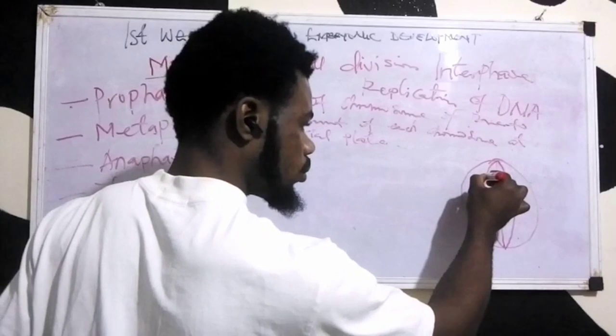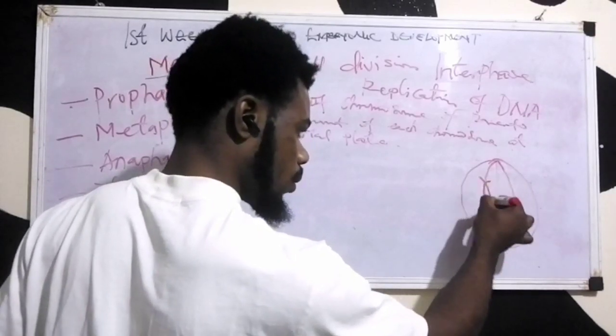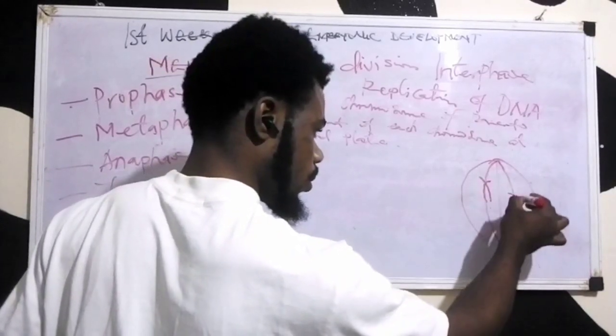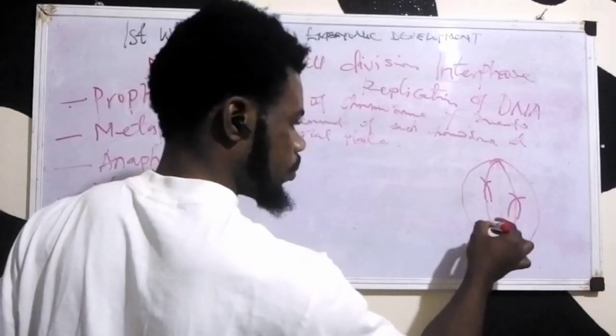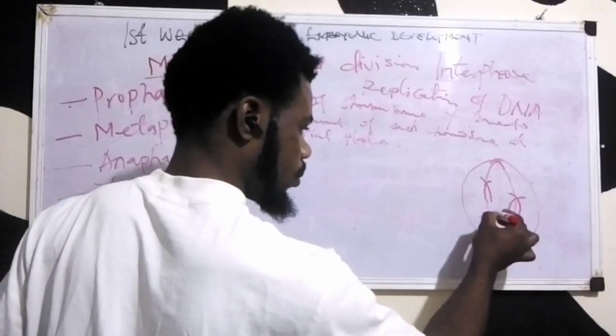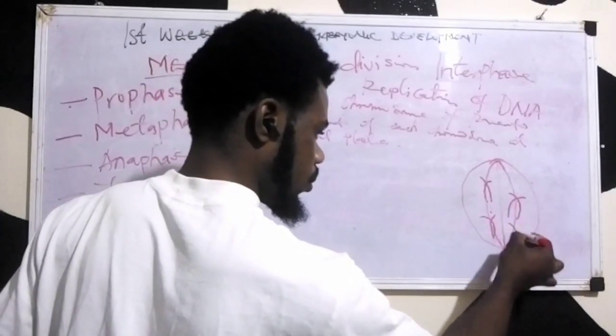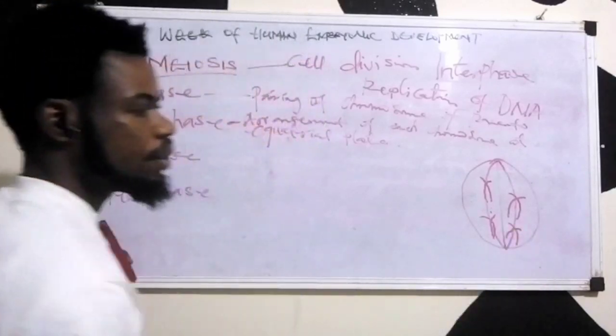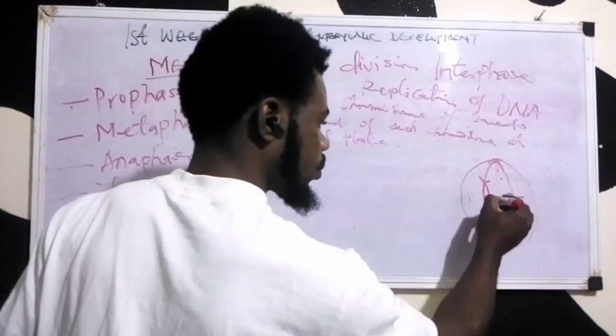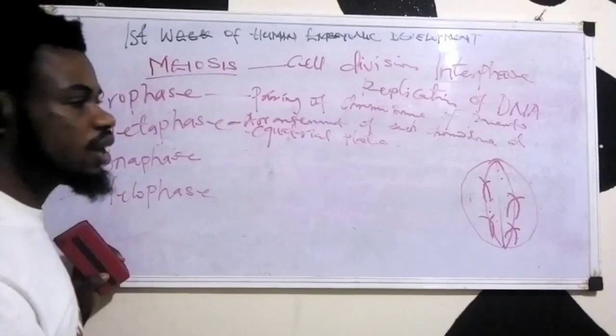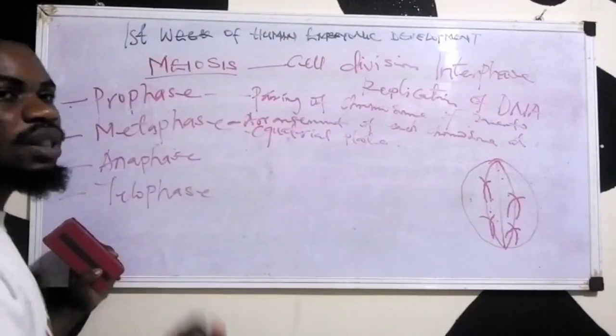Each chromosome comes here and they arrange themselves in the equatorial plate. That's what happens at metaphase.